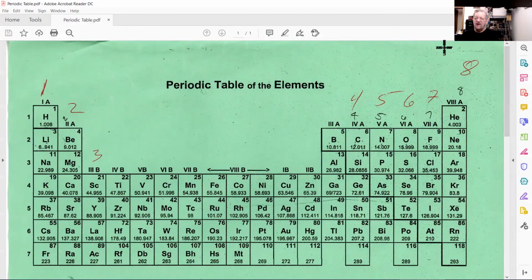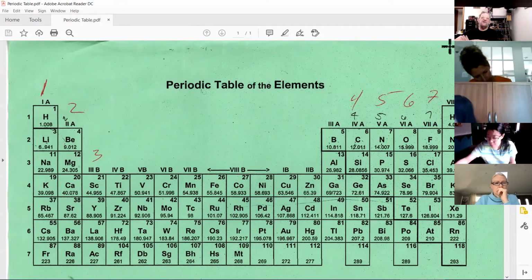Again, you're drawing the Lewis structure for hydrogen chloride. Remember, if you finished early, let's give everybody time to do it.